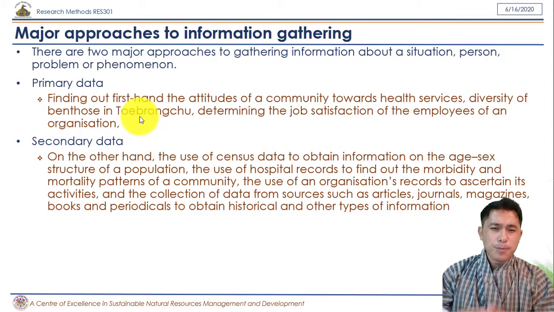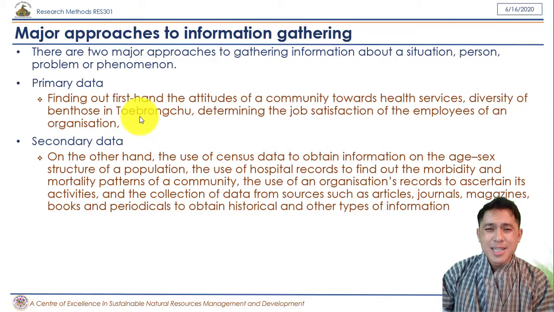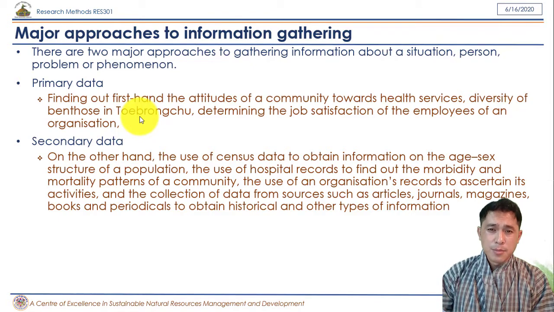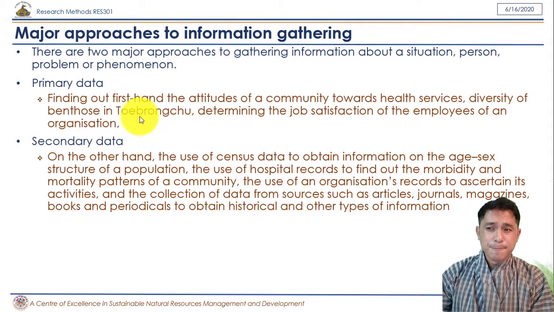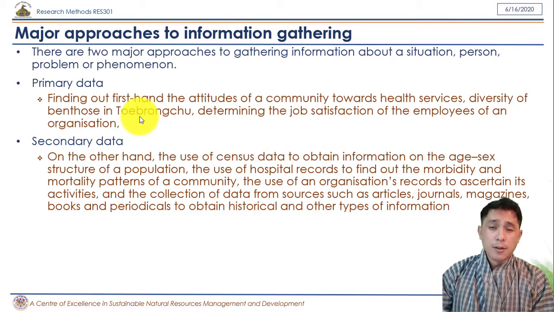For example, census data is one thing that we really need every time in our research to generate the number of respondents from the sample size and all. So again, those census data and all can also be considered secondary data. So secondary data and primary data, I really hope you know, but I'm just refreshing you all.